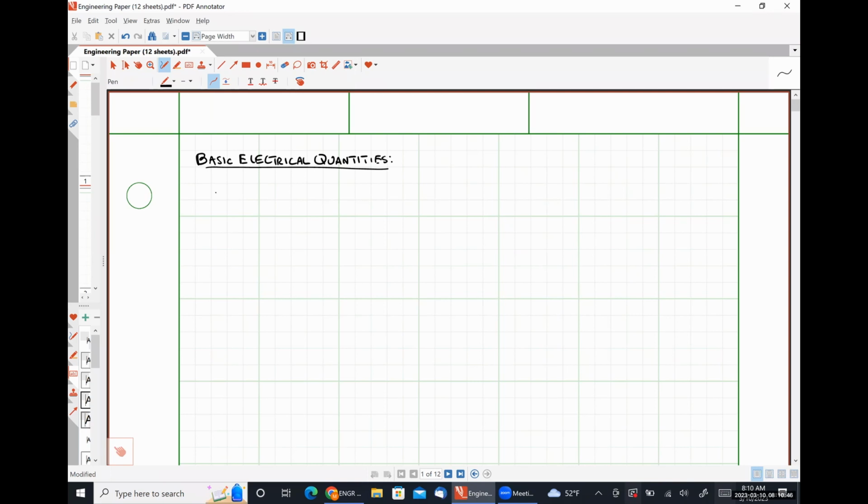Let's start with voltage, because it is likely the quantity that you're most familiar with. Okay. And I'm going to start with a mathematical definition that we will never actually apply, okay?